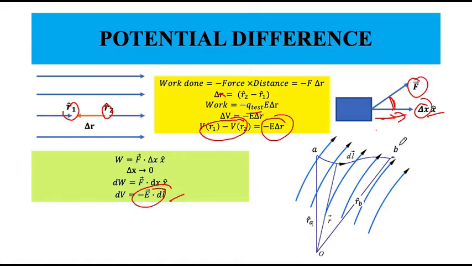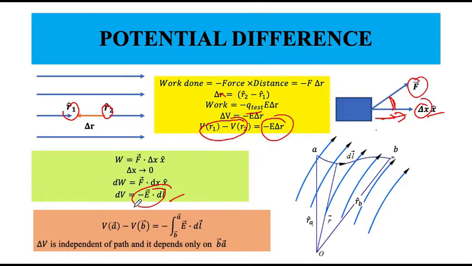Okay, so I am picking a particular path over here, and the total potential difference between the 2 points A and B will be obtained by integrating the expression dV equals minus E dot dl over the entire path.